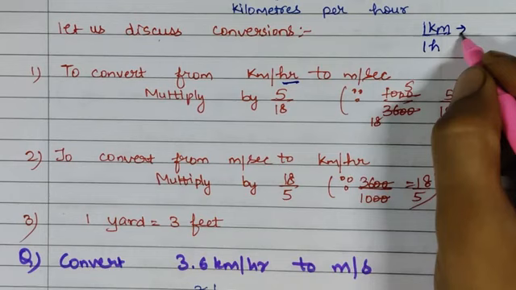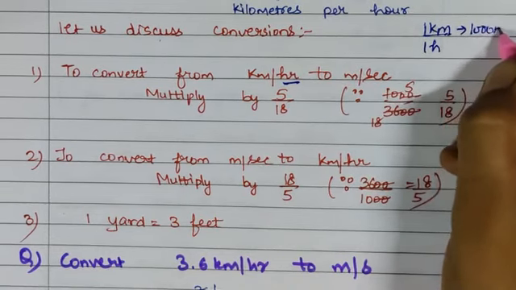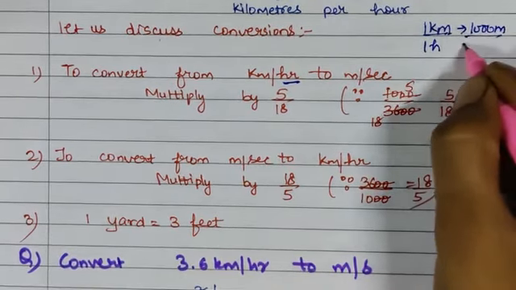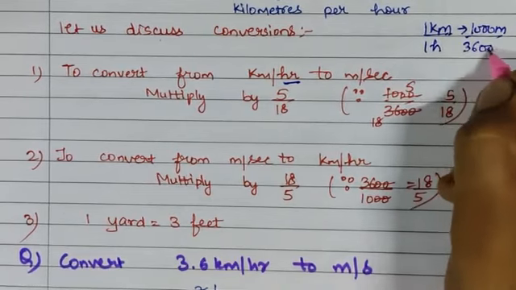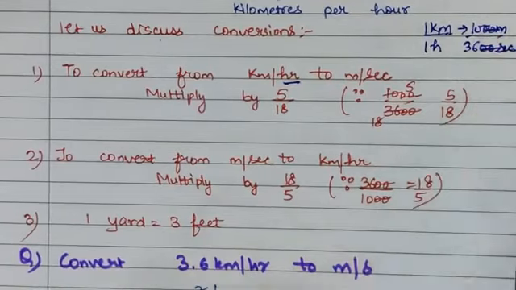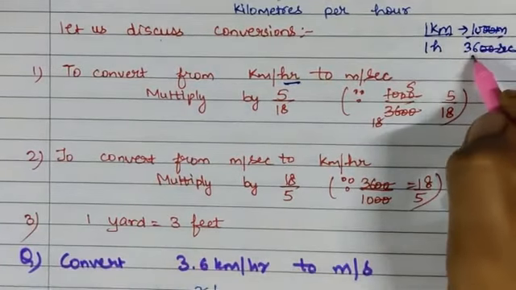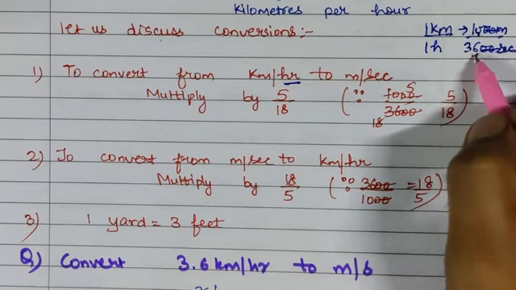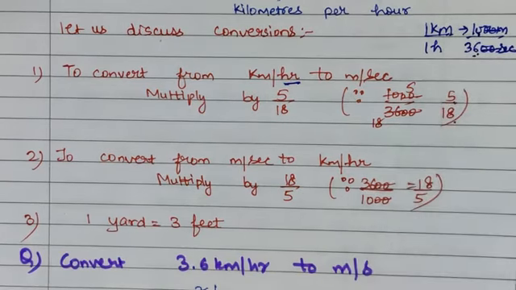Now 1 kilometer is equal to 1000 meter and 1 hour is equal to 3600 seconds. So 2 zeros cancel. On division by 2 we get 5 upon 18.